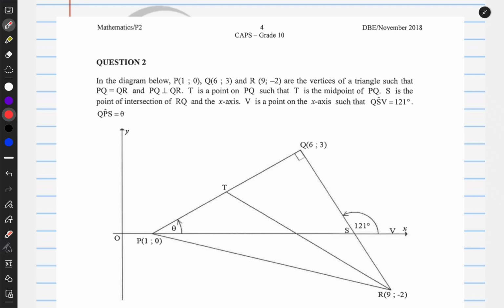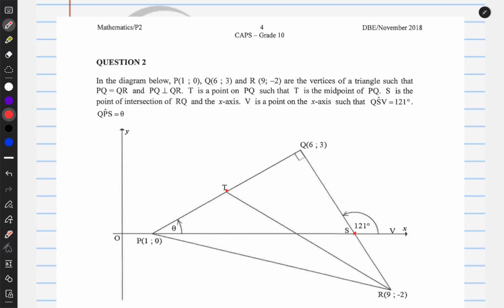And T is a point on PQ such that T is the midpoint of PQ. So here is our T, which is the midpoint of PQ.